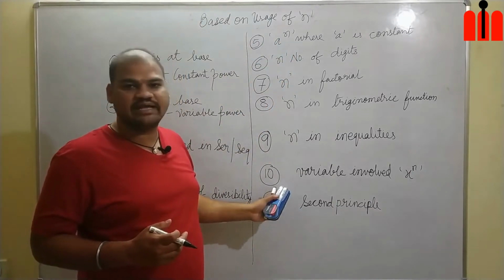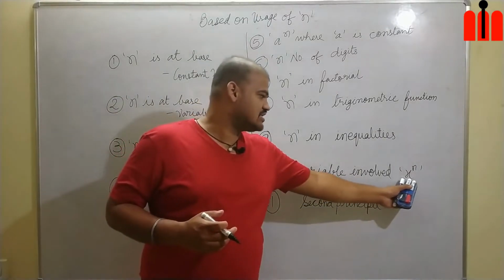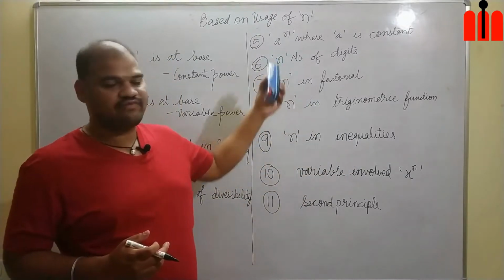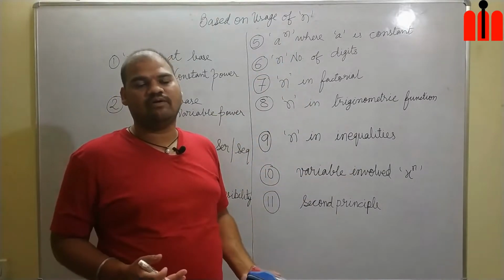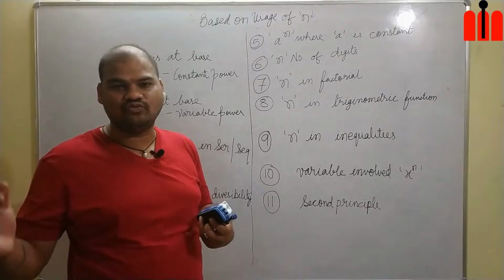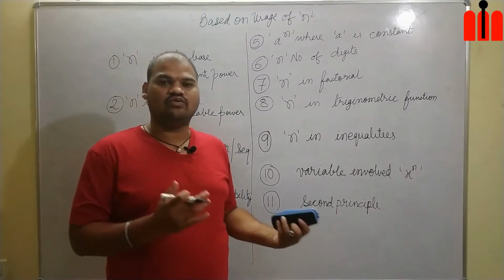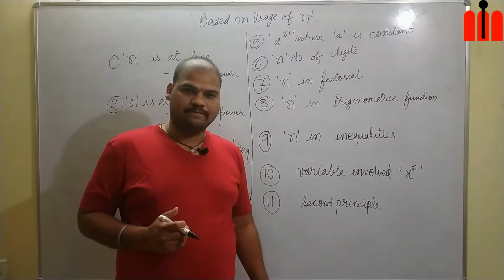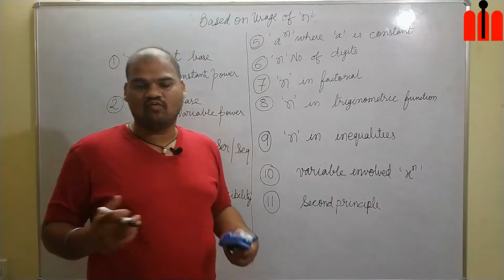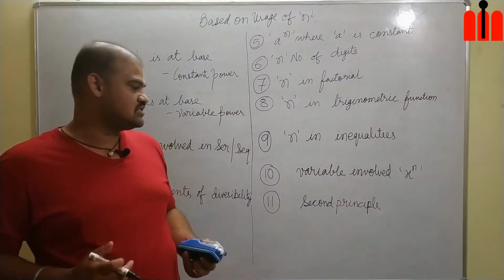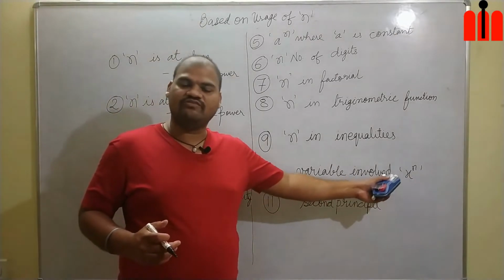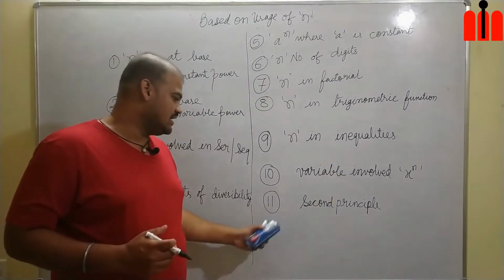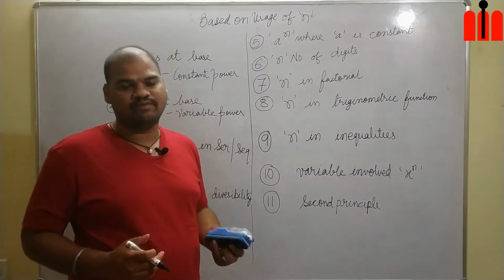Whereas in category 10, x is a variable, not a constant. Category 5 problems are like 2 to the power of n minus 3 to the power of 2n, where 2 and 3 are constants. In category 10, we use x, y, which are all variables. So this is variable involved, in which n is in power. That is category 10.